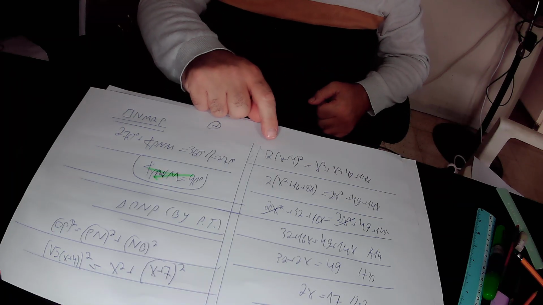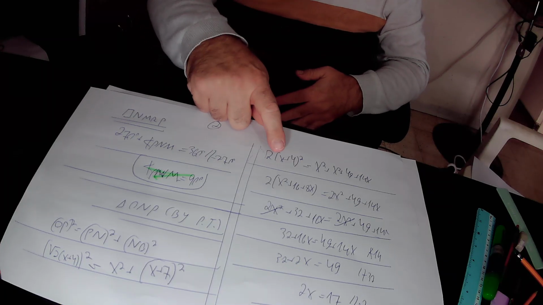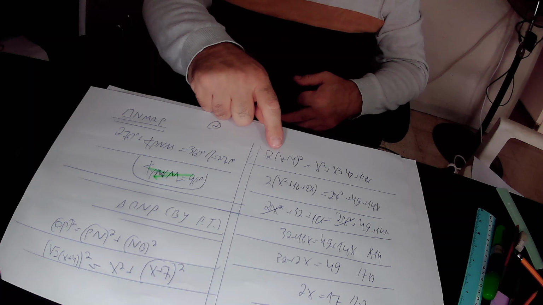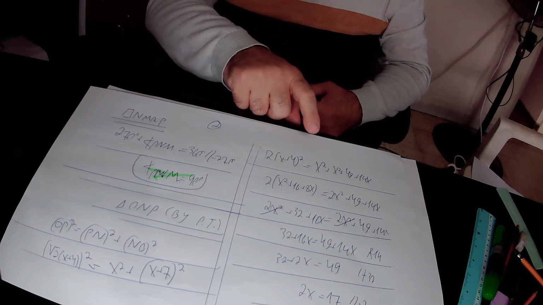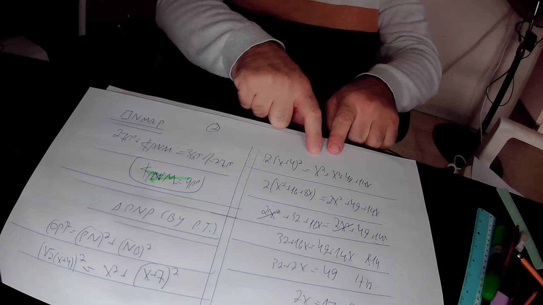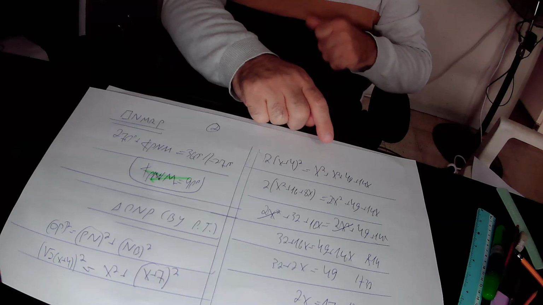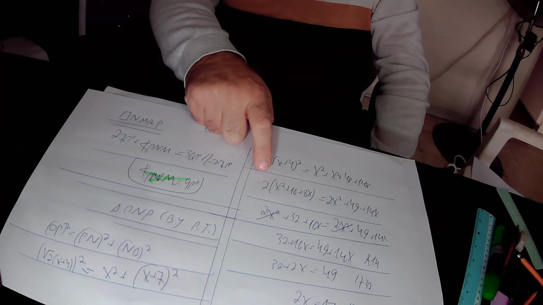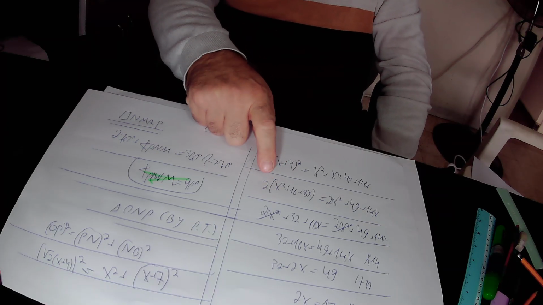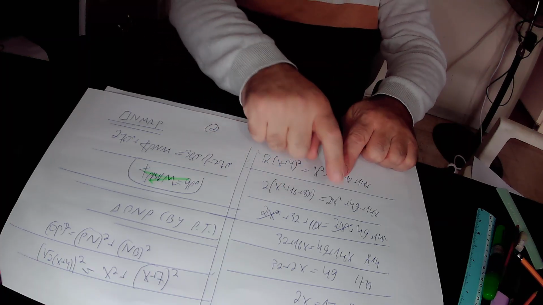So here we have 2 times (x plus 4) squared. (x plus 4) squared equals x squared, plus 4 squared, that is 16, plus 2 times x times 4, that is 8x. On the other side of this equation, we have x squared plus x squared is 2x squared, plus 49, plus 14x. Here we open the brackets of this expression, and here we have 2 times x squared is 2x squared, plus 2 times 16 is 32, plus 2 times 8x is 16x, equals 2x squared plus 49 plus 14x.